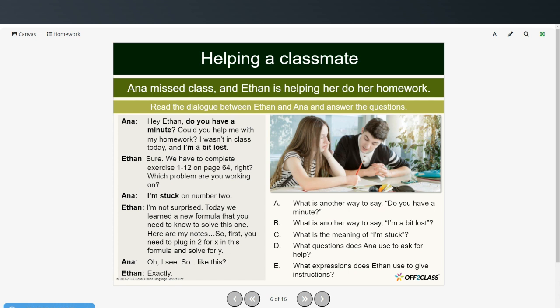I'm stuck on number 2. Oh, I see. So, like this? All right, this time you'll read Anna's part and I'll read Ethan's part, and you can start whenever you're ready.